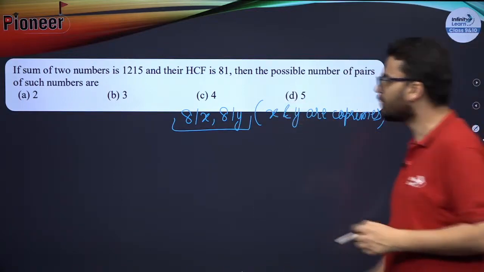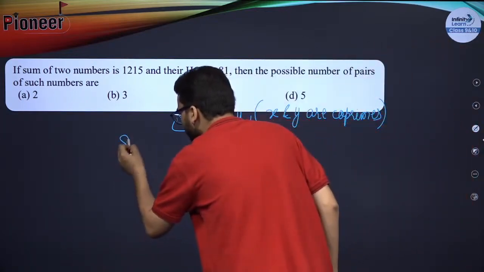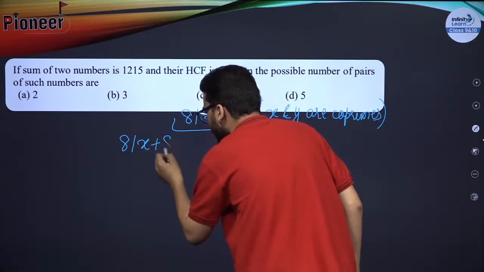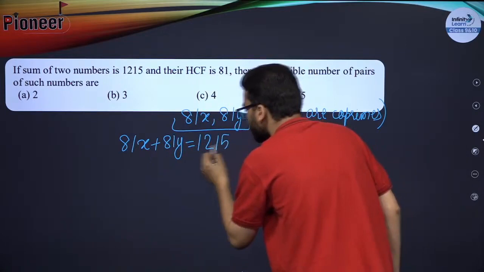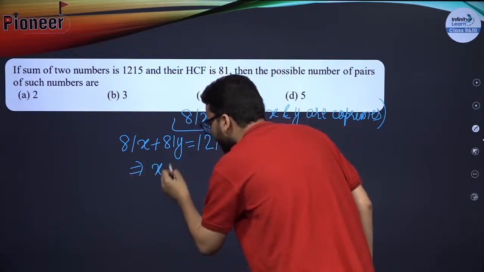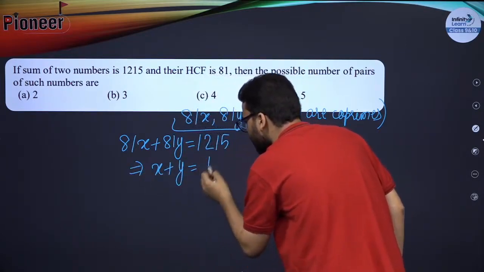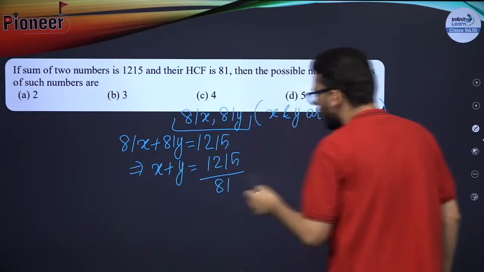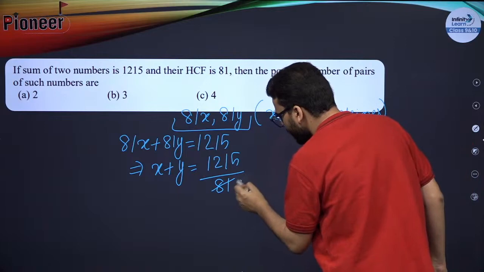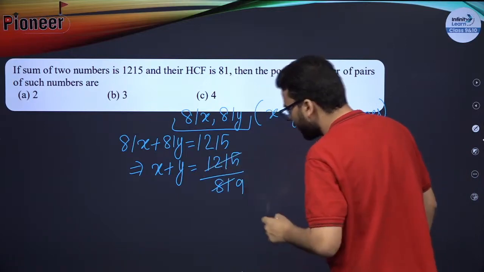Now the sum of the numbers is given. So 81x plus 81y is equal to 1215. So from here what is x plus y, guys? x plus y is 1215 divided by 81. You can simplify, suppose I divide by 9.